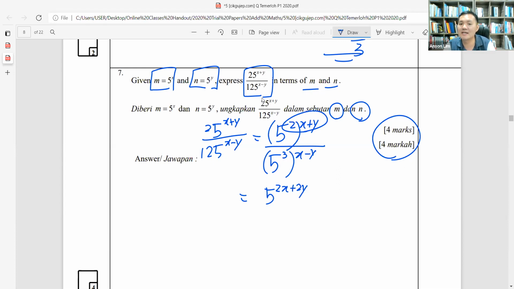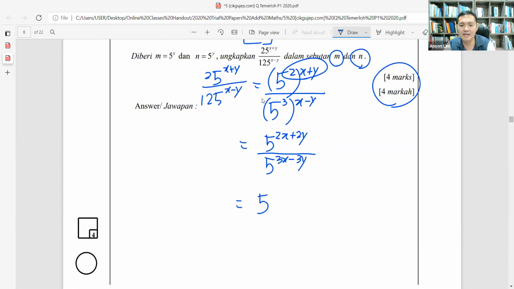Because you can split them later and replace with the M and N, right? So this one, you also can open bracket, and you can split them, becoming 5 power 2x times 5 power 2y, over 5 power 3x, divide. Minus: if the power is minus, change to divide.